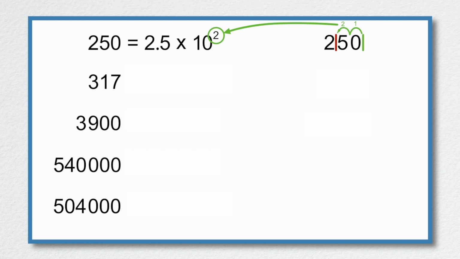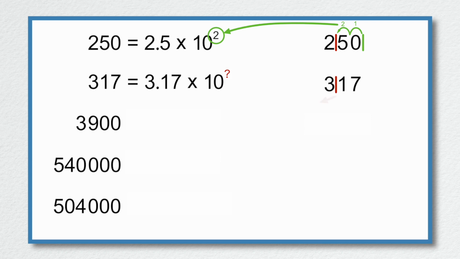Let's look at the other examples, and then you hopefully might start to see what's going on. 317. So in standard form, we're going to have 3.17 multiplied by 10 to the power of something. We need to work out what that something is. I'm just going to write down 317.